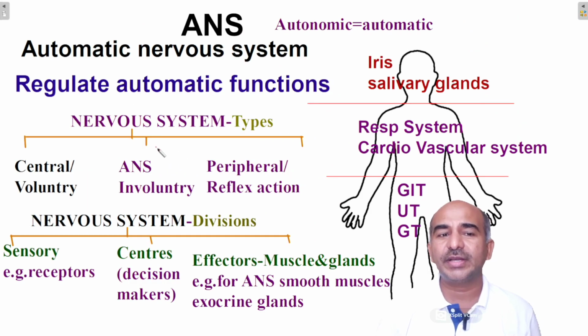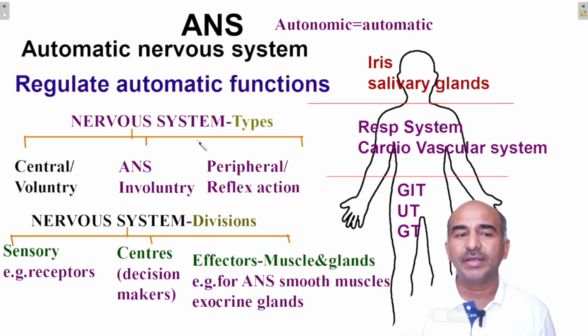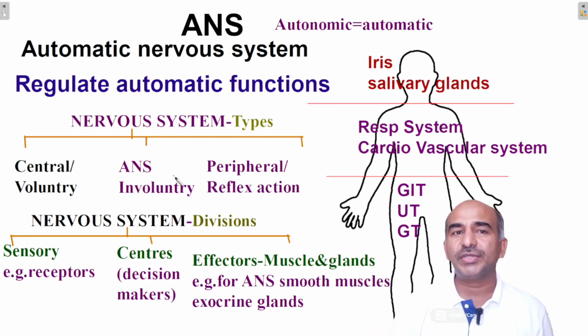The nervous system is of three types in our body. Central nervous system is there, autonomic nervous system is there, and peripheral nervous system. For a better understanding: whatever action we take knowingly, we take the decision, like lifting a pen. That is a voluntary decision, so a voluntary nervous system. Some decisions we cannot take.